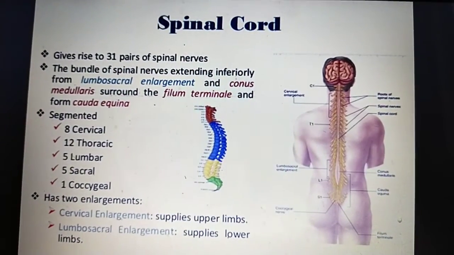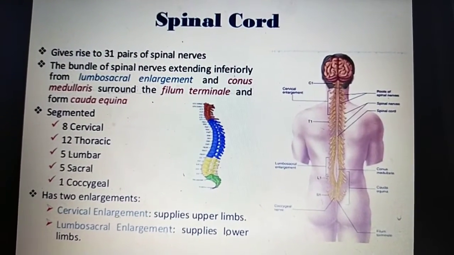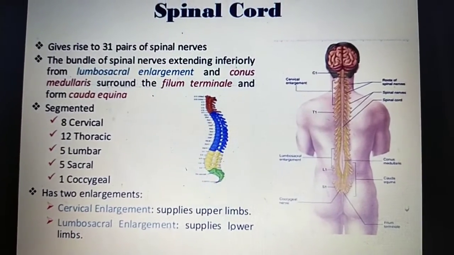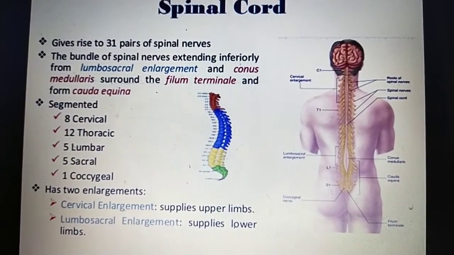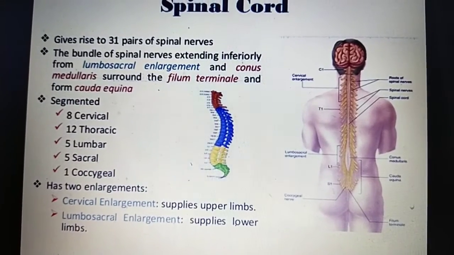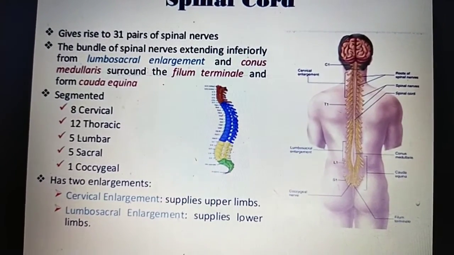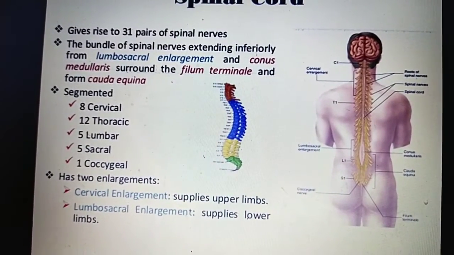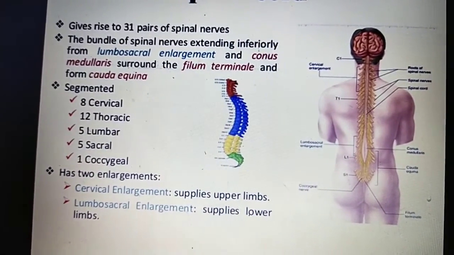The spinal cord gives rise to 31 pairs of spinal nerves. The bundle of spinal nerves extending inferiorly from the lumbosacral enlargement and conus medullaris, surrounded by the filum terminale, I already explained what that means, forms the cauda equina.